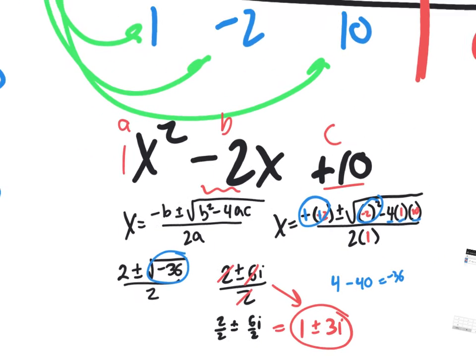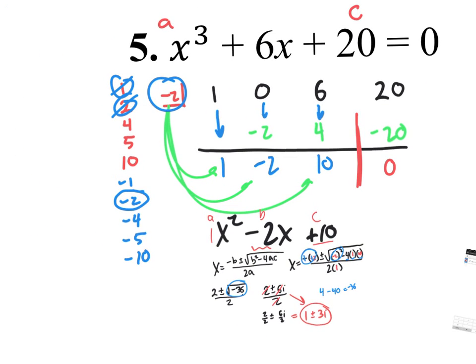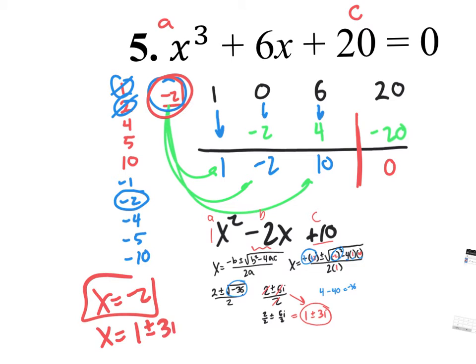So zooming out, let's look at all of our answers to this cubic. One answer was the x-intercept that we found, which was x equals negative 2. The other two answers are x equals 1 plus or minus 3i, which are imaginary. So in this case, we have one real answer and two imaginary answers.